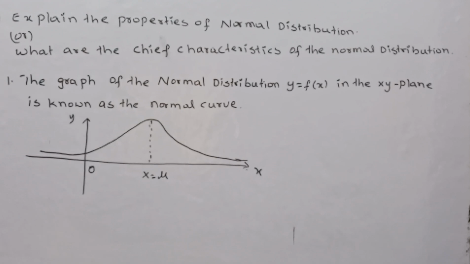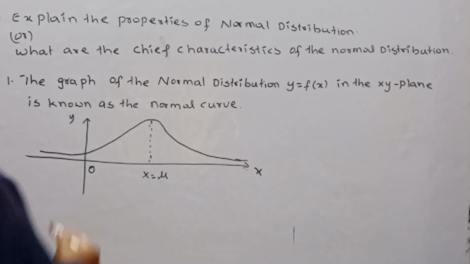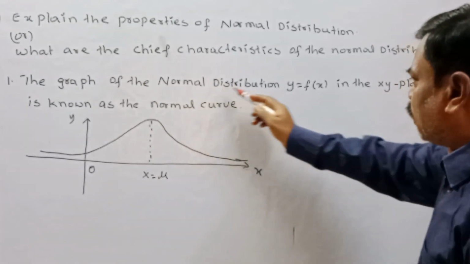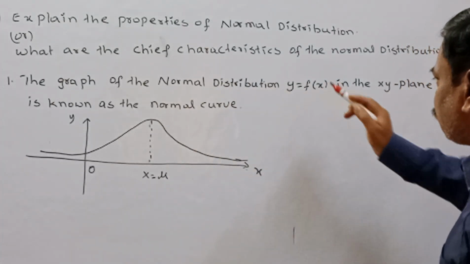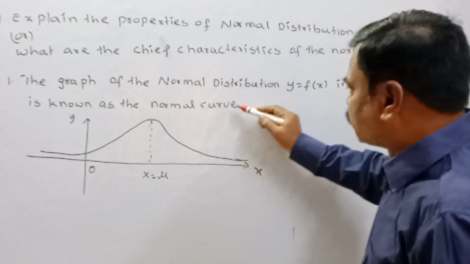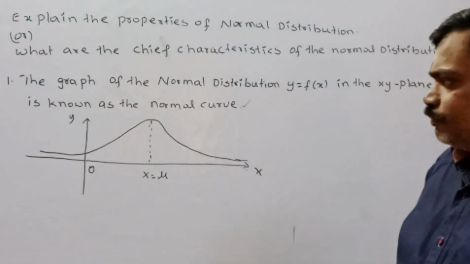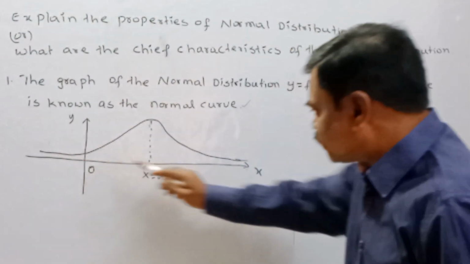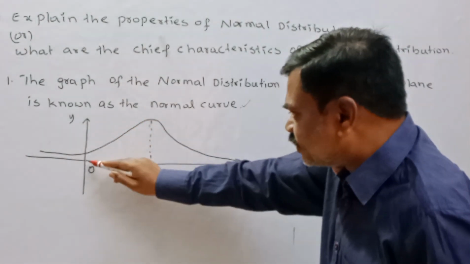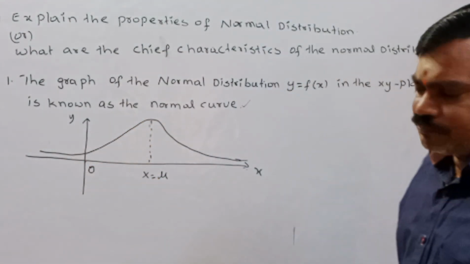Here, the first property: the graph of the normal distribution y is equal to f of x in the xy plane is known as the normal curve. So this is the x-axis and this is the y-axis and this is the origin.